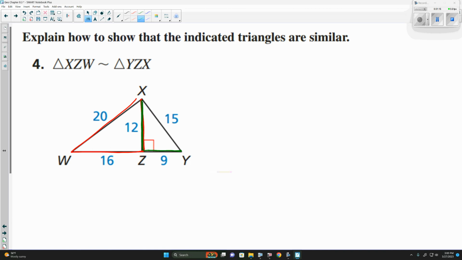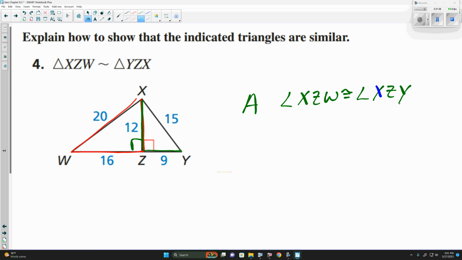Now these two angles here are both right angles. So for our angle, we can say angle XZW is congruent to angle XZY. Because there's more than one angle there, we have to have more than one letter.